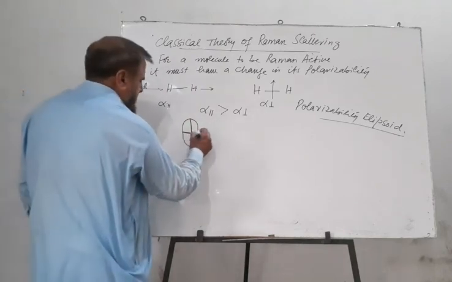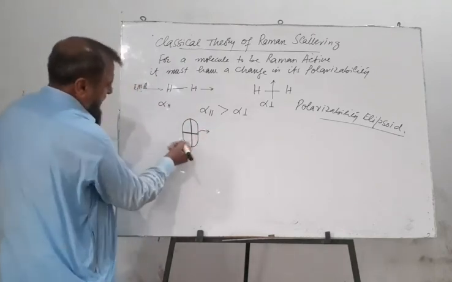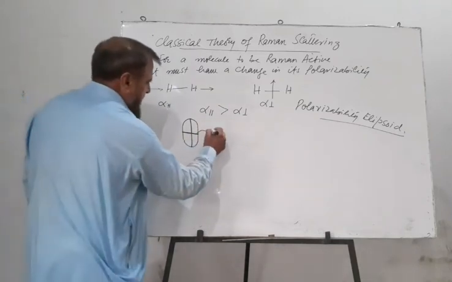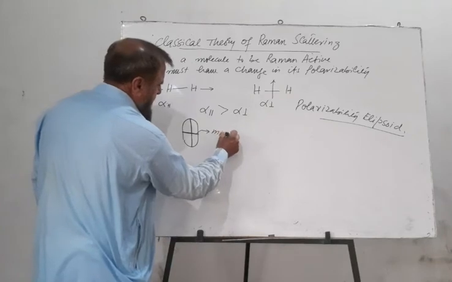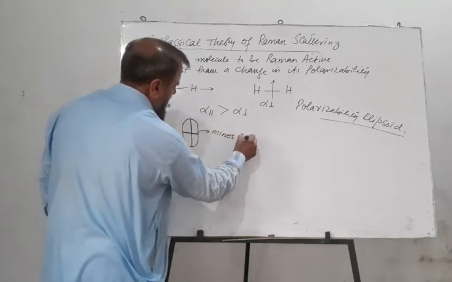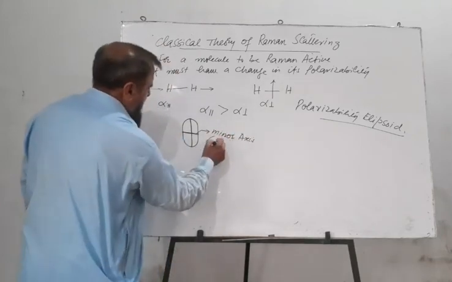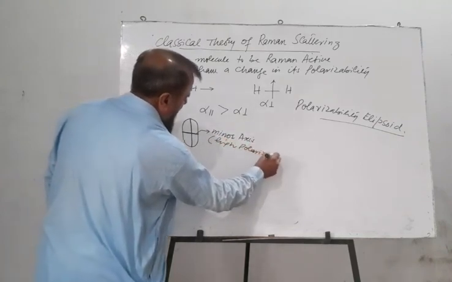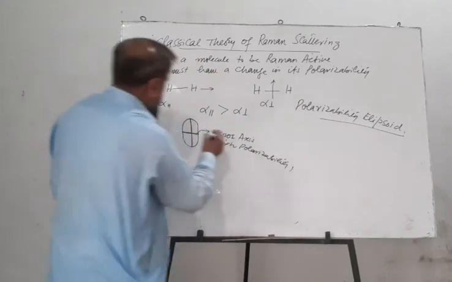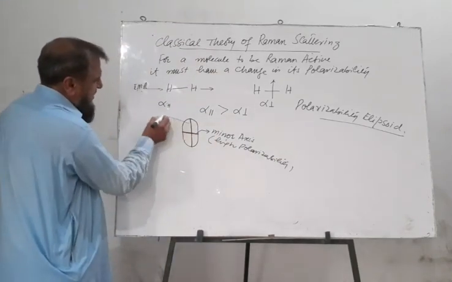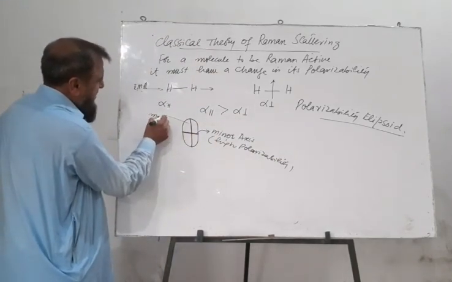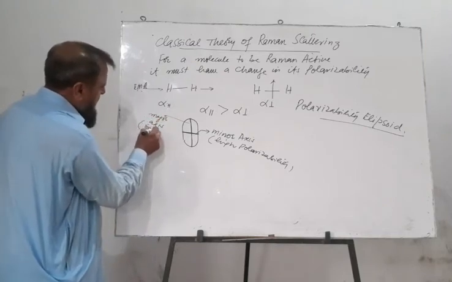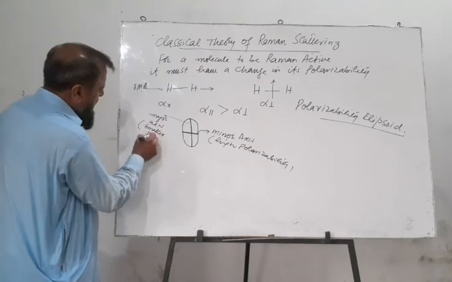In this diagram, the smaller axis is called the minor axis, and it represents high polarizability, and the larger axis is called the major axis, and it represents smaller polarizability.